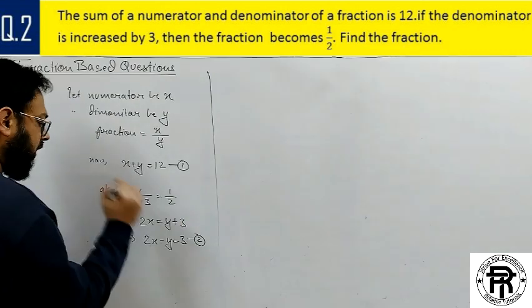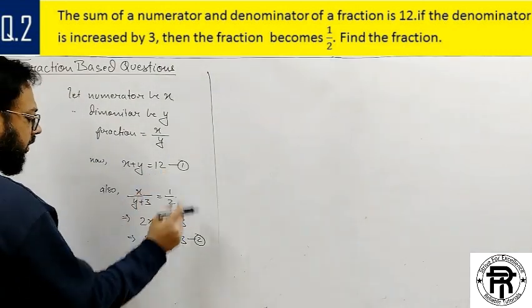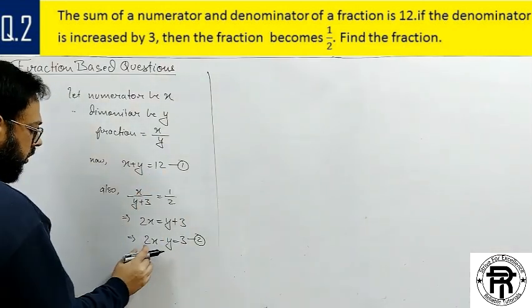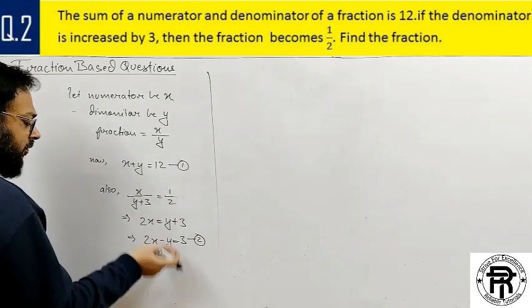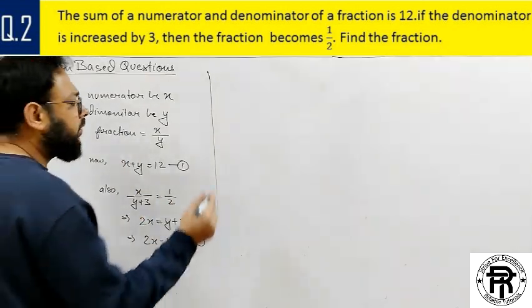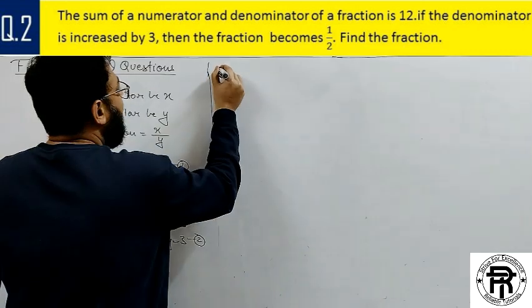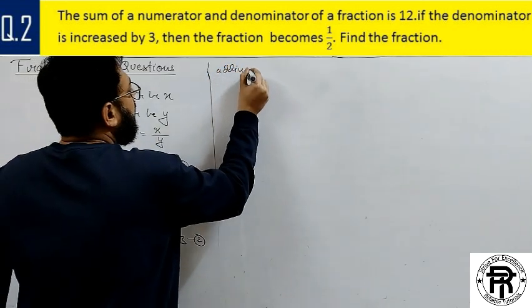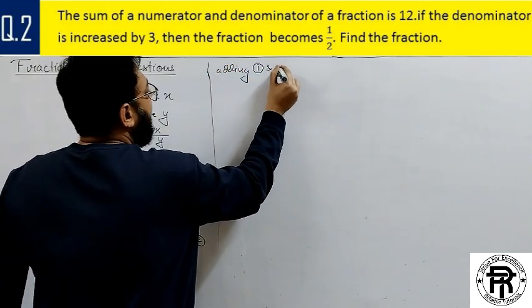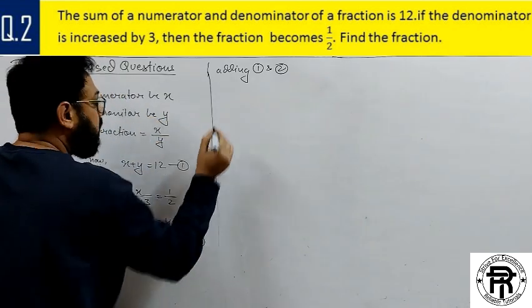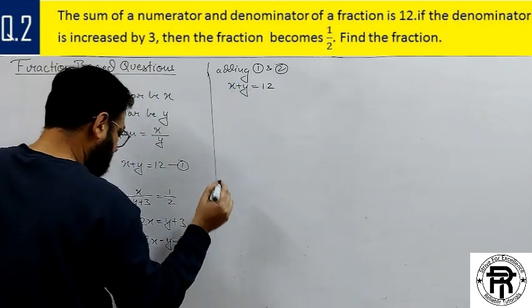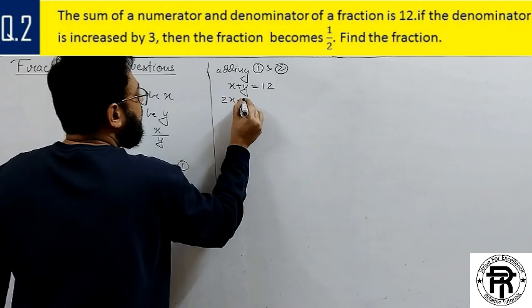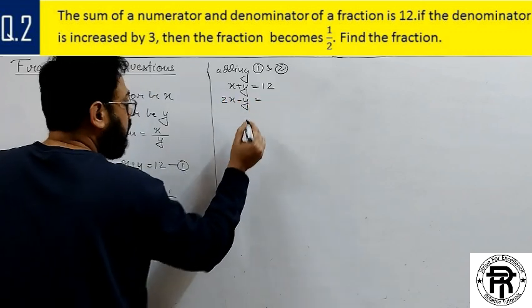So we have two equations in our hand. First equation is x plus y is equals to 12. Second equation is 2x minus y is equals to 3. Directly, this is plus y and this is minus y, so we add them, nothing else is needed. Adding equation number first and second, that is x plus y is equals to 12 and 2x minus y is equals to 3.